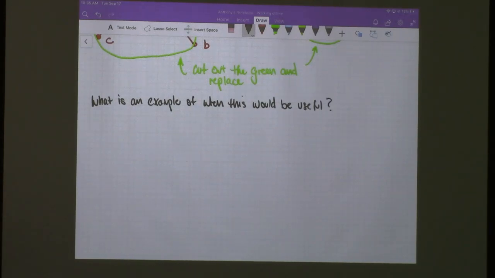I'm not going to solve it. I'm just going to show a circuit where this would be useful. So we have a voltage source. And we have this configuration.